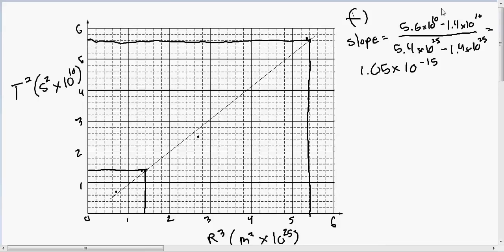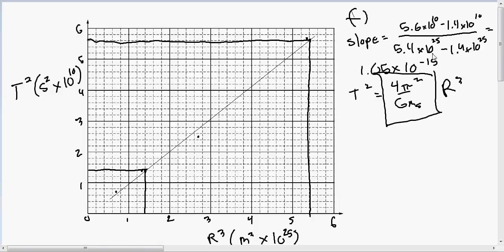And we know that from the equation, T squared equals 4 pi squared over G M_S times r cubed, the slope should equal, when time squared and r cubed are compared, 4 pi squared over the gravitational constant times the mass of Saturn.